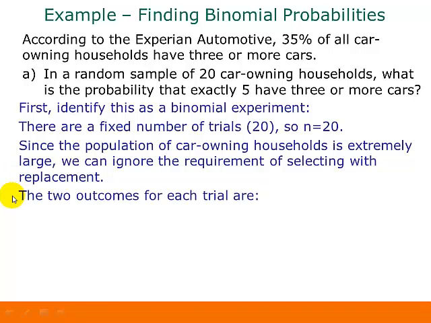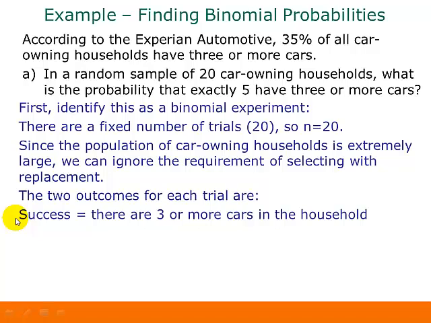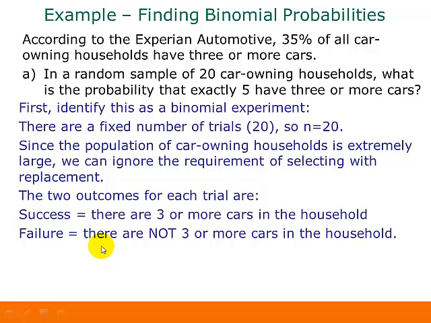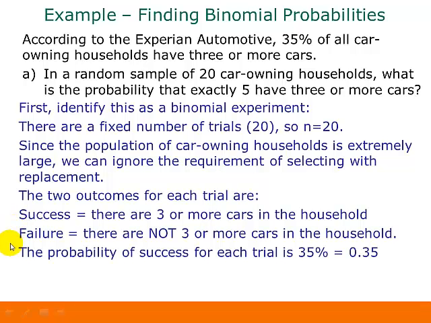Now the 2 outcomes for each trial are success, that there are 3 or more cars in the household. Failure would be that there are not 3 or more cars in the household. And those are the only 2 possibilities, so we do have our 2 outcomes. The probability of success for each trial would be 35% because, according to Experian Automotive, 35% of households do have 3 or more cars.